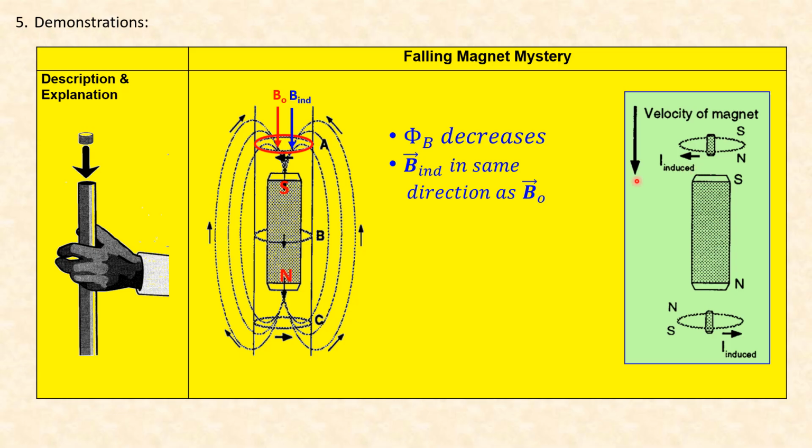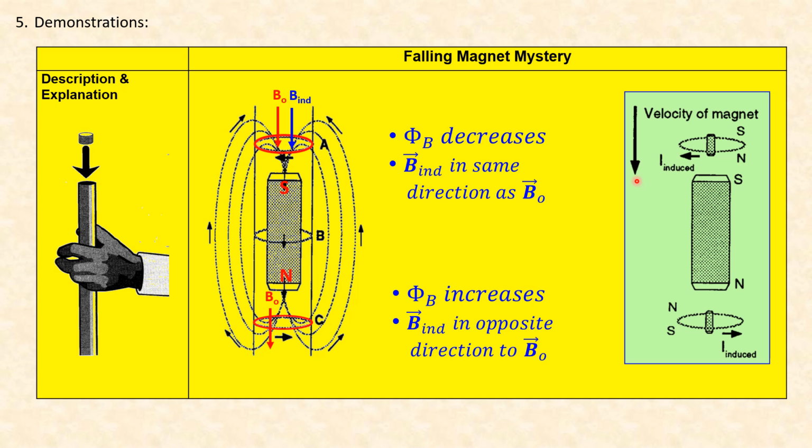Likewise, when we look at the region below the falling magnet, here's the original magnetic field direction. As the magnet falls towards that region, we can clearly see that the magnetic flux in that region increases. And therefore, according to Lenz's law, the induced current and induced magnetic field will be opposite in direction to the original magnetic field, in order to oppose that change in magnetic flux.